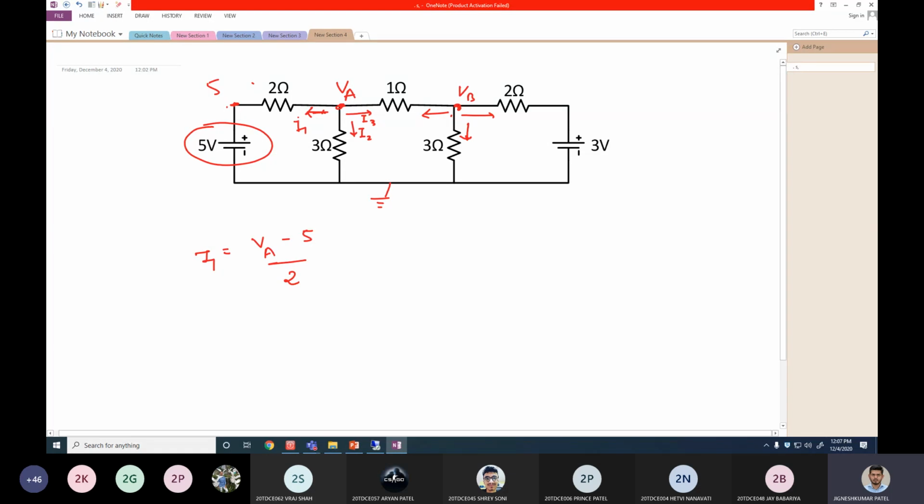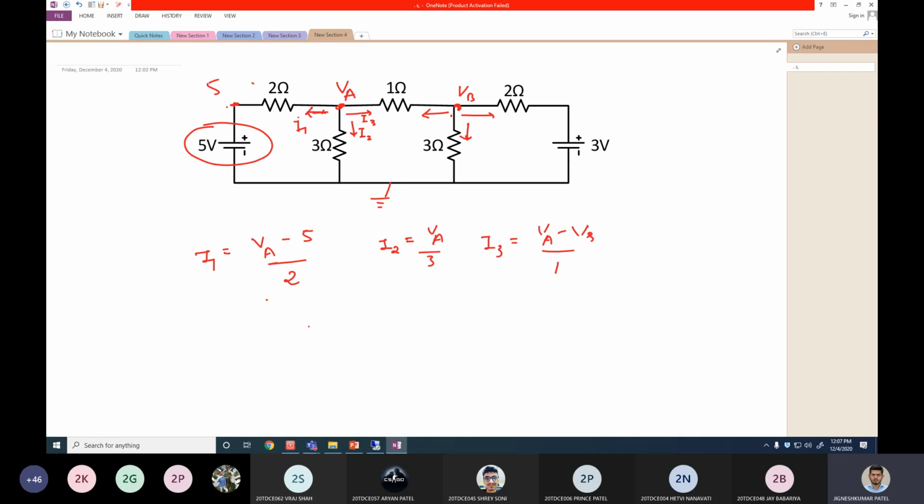Same way my I2 would be VA. This is a reference node, so (VA - 0) divided by 3. And what would be the value of I3? That would be (VA - VB) divided by 1. Now applying KCL, we know that I1 plus I2 plus I3 equal to 0. Why? Because all the three currents are going outward, so it would be equated to 0.